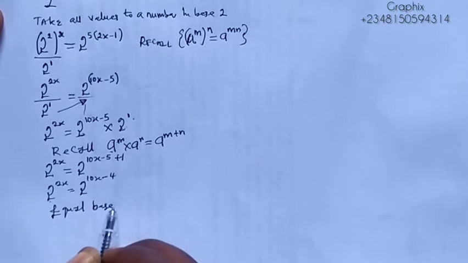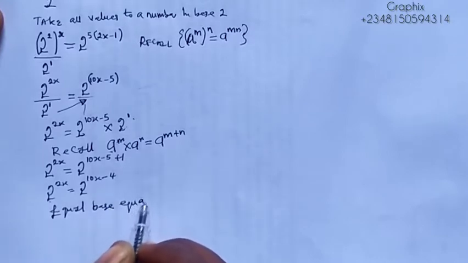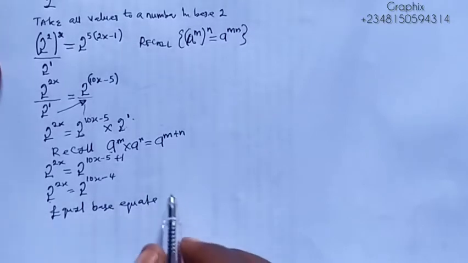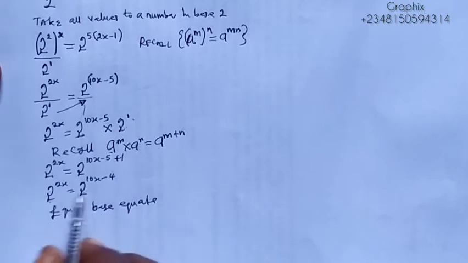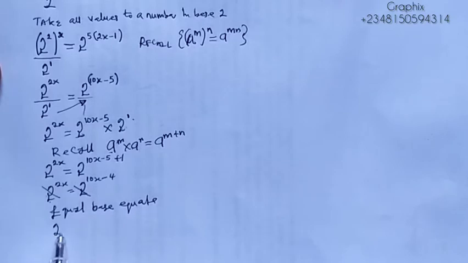There's a law that says if you have the same base, they cut out. So you're left with 2x equals 10x minus 4.